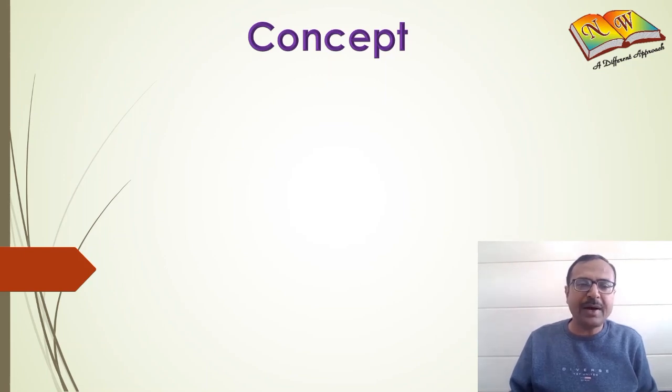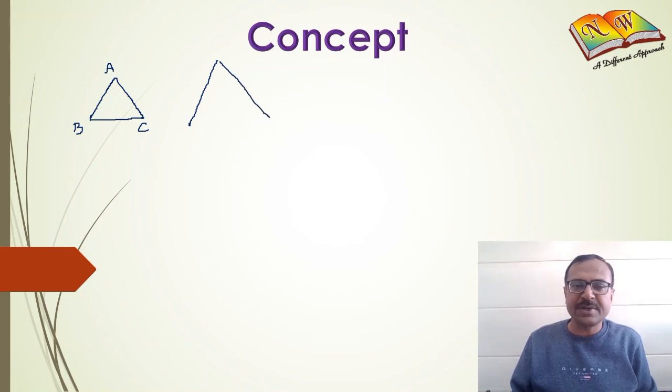Let's see the concept in hand. Suppose this is triangle ABC and it is similar to another triangle named PQR.